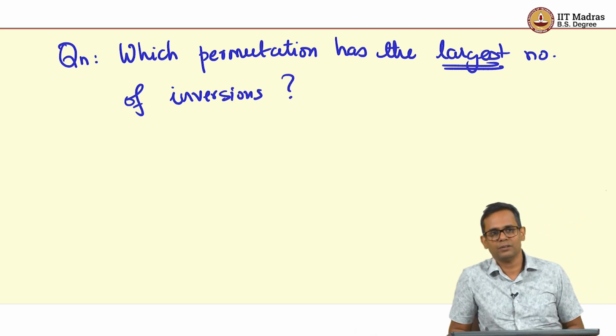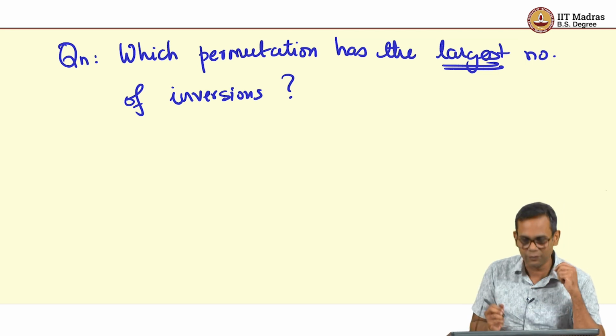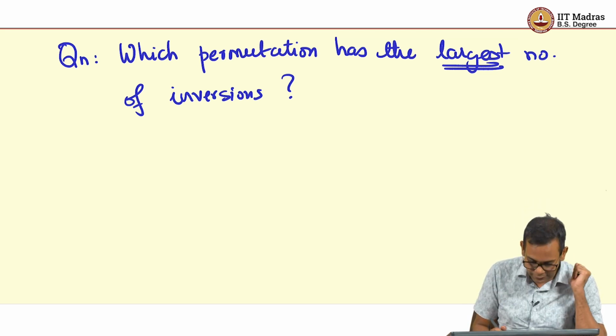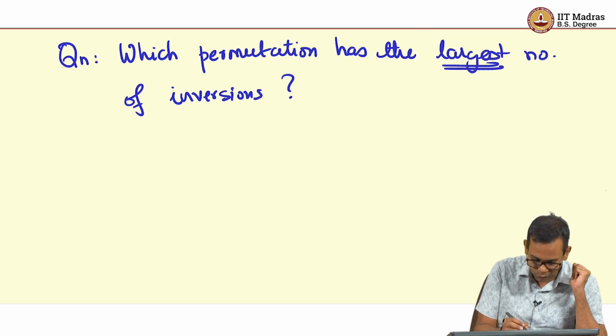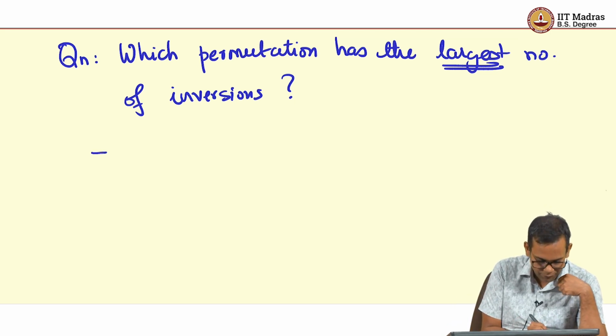Again, I am sure you will be able to guess the answer quite easily, but again let me go with the inversion table which I seem to like so much. What is the inversion table going to be? We need to max out all the B's, right. So, we need to have the inversion table where every Bi is the maximal possible.